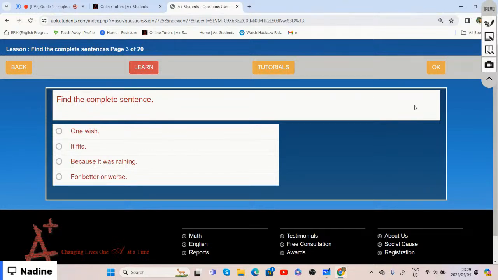We need to find the complete sentence. It is one wish. It fits because it was raining.